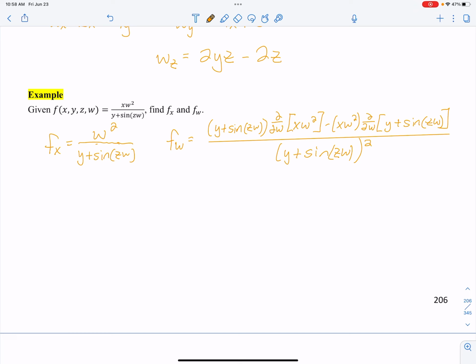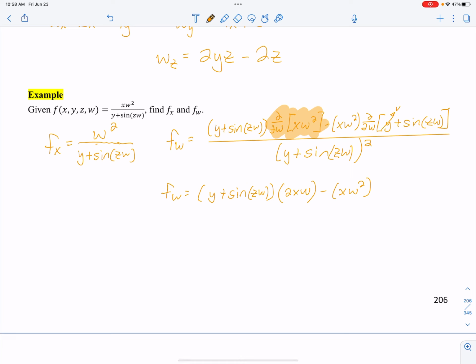Okay, so fw, I keep the y plus sine zw. Now the derivative of this, right here, the derivative of that with respect to w, is going to be 2xw, minus, okay, I keep my xw squared. And now I have to take the derivative of that inside with respect to w.